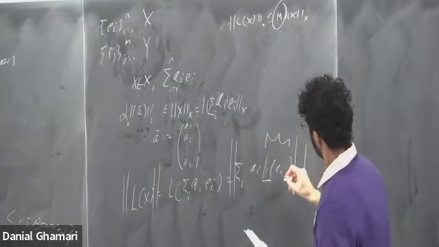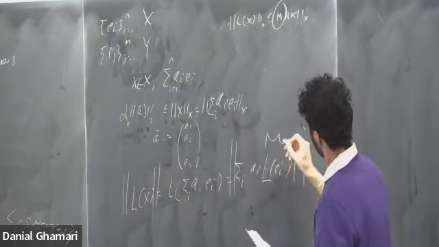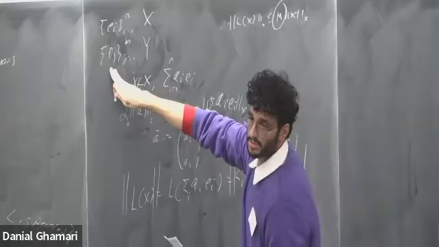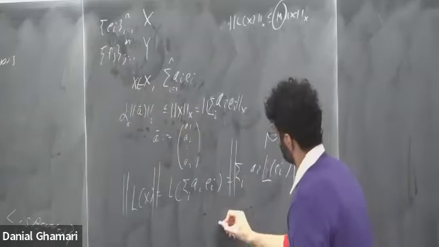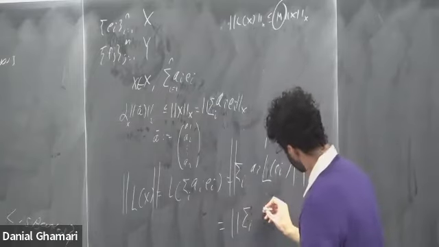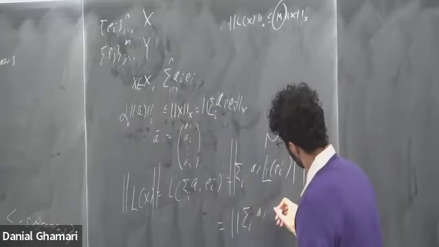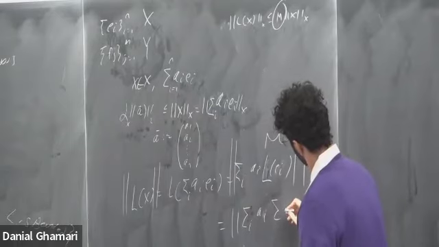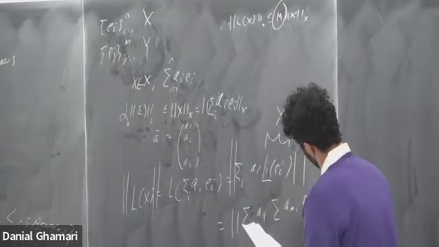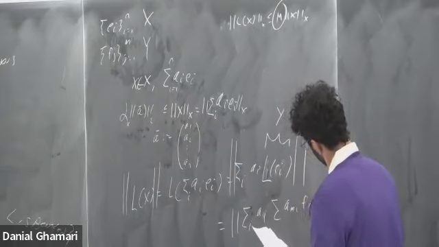What we have here is that L of e_i, these are elements in Y, right? So I can write them in terms of this basis f_j of Y. So this is the norm of the sum over i of a_i times the sum over m of a_{m,i} f_m.